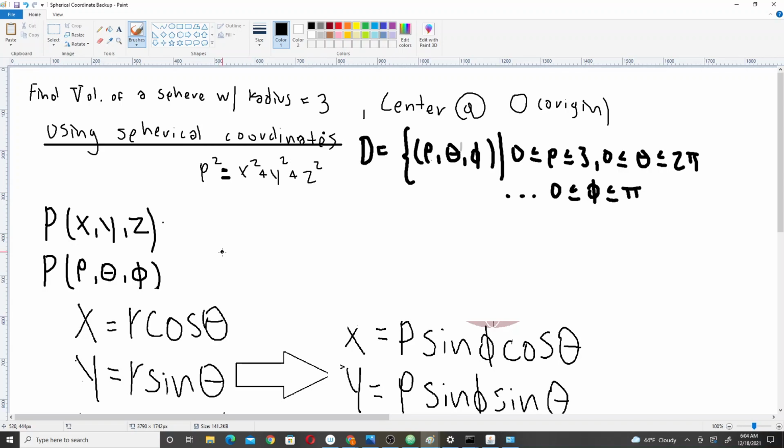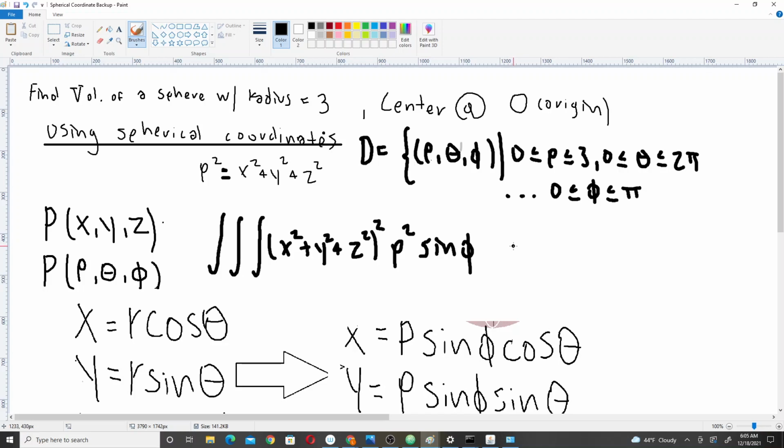So to set up the integral, it's a triple integral. When we do a sphere, we put x squared plus y squared plus z squared, and then we add what we add when we do spherical coordinate integration, rho squared sine phi.